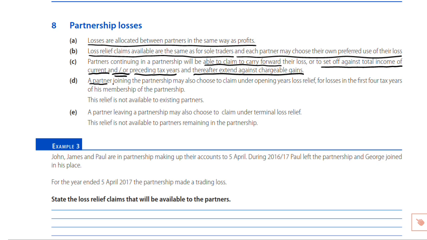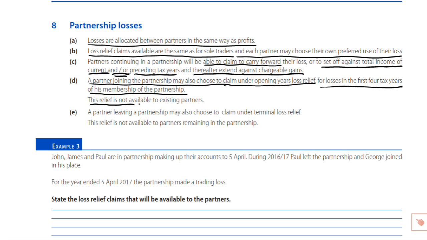So a partner joining the partnership and then sustaining a loss may be able to choose to claim under the opening year's loss relief. Now remember, when did that apply to? If a trader sustains a loss in any of the first 4 tax years of trading. So for losses in the first 4 tax years of his membership of the partnership.